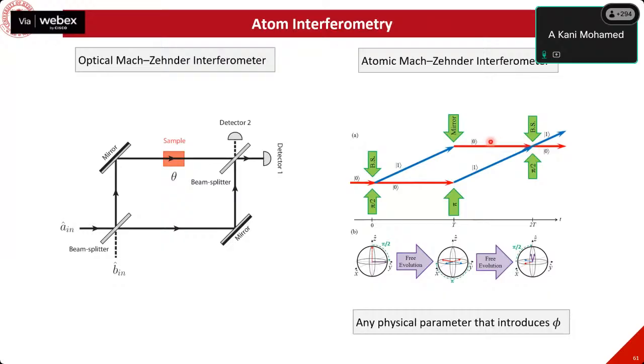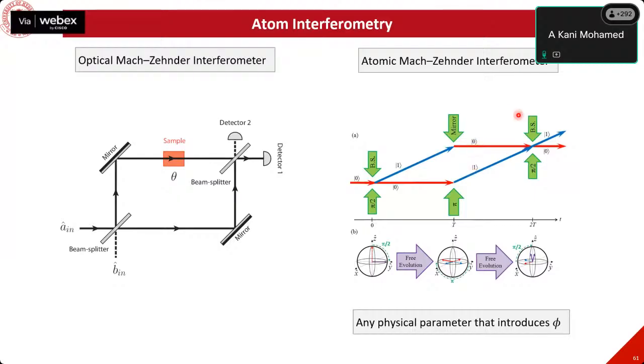But the final state will carry certain information about the phase that it acquired while traveling on this path. So finally, if we detect the number of atoms in the excited state or the number of atoms in the ground state, we can estimate the phase that it has acquired while traveling on this path.